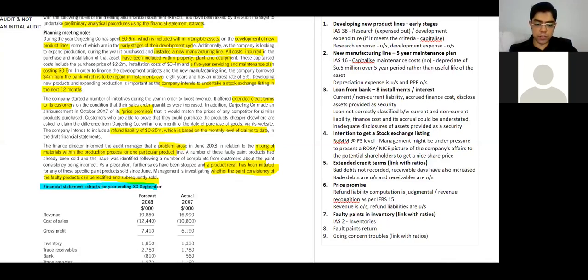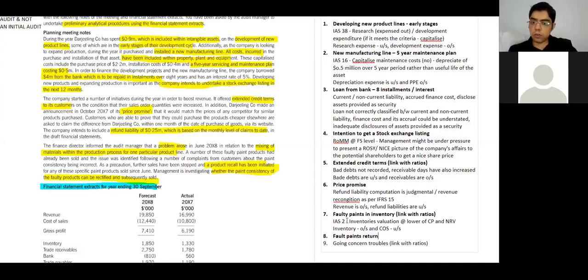Measurement of inventory valuation at what? At the lower of cost price and NRV. Inventory valuation has to happen at the lower of cost and net realizable value. What is the risk? Where could the financial statements go wrong? The risk is that inventory may be overstated and cost of sales may be understated.